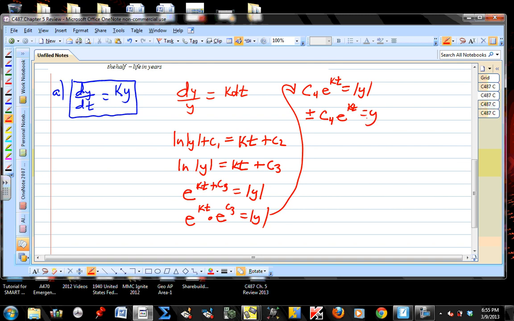Now we're in a situation where we have plus or minus an arbitrary constant times e to the kt power. Well, plus or minus a constant that could be positive or negative, it's kind of redundant. So the plus or minus signs are okay to write, but they're not necessary at this point. So we can say c times e to the kt equals y. And there you go. This is our exponential growth and decay model.